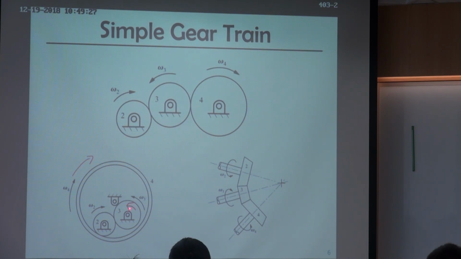But we want to see the gear ratio between 3 and 4. So 3 and 2 are just a pair of external gears, so we'll have the same equation, omega 2 over omega 3 is minus N3 over N2.